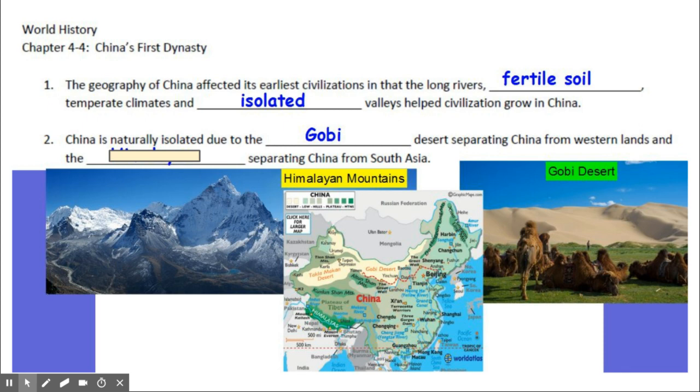At one point in time, when China included parts of Mongolia, it would also be in parts of that nation as well. But this desert separated China from the Western lands, as well as the Himalaya Mountains separating China from South Asia. So these barriers were able to keep China very isolated from any outsiders for many, many years.